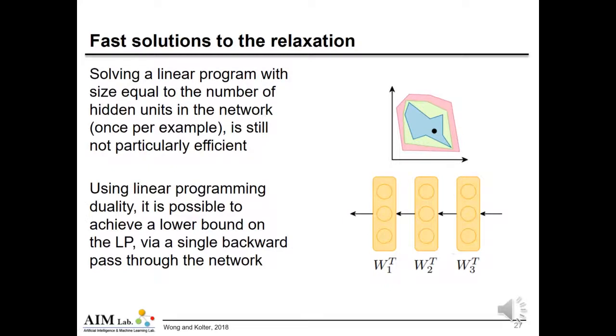Solving a linear program is still quite slow, so we need to find some technique to do it fast. By using linear programming duality, it is possible to achieve a lower bound on the linear program via a backward pass through the network. But it is still quite slow, and there exists a method that's fast and competitive. It is the interval-based bound.